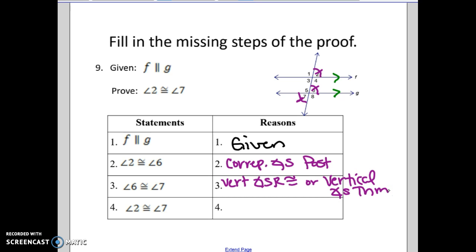Okay. Well, and then I have that 2 is congruent to 7. And if I look here, I have that 2 is congruent to 6, 6 is congruent to 7, so then 2 is congruent to 7, which gives me my transitive property. Okay.